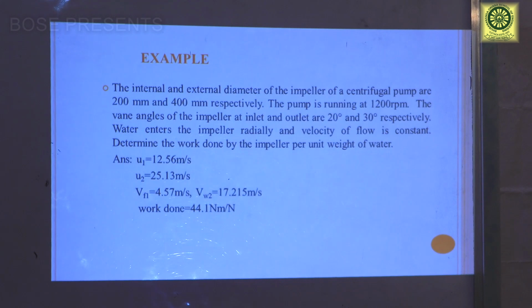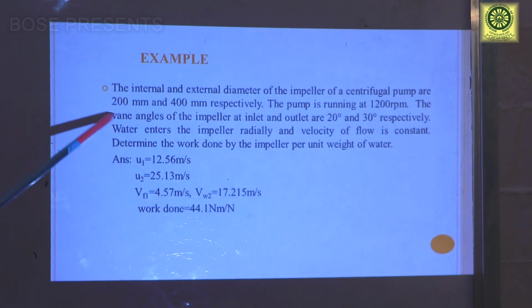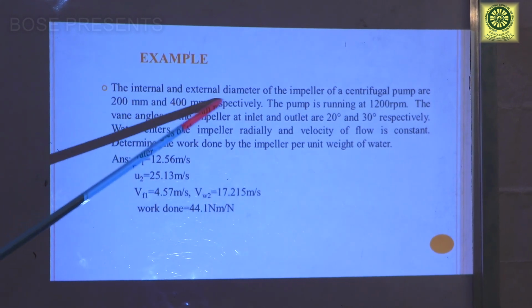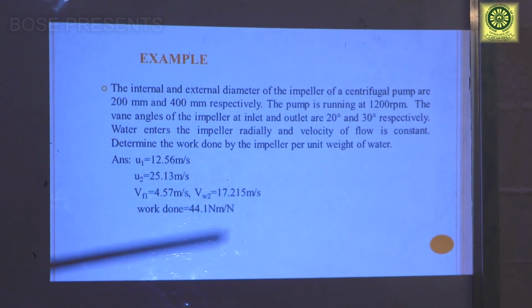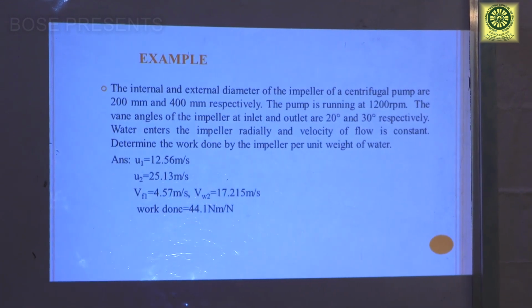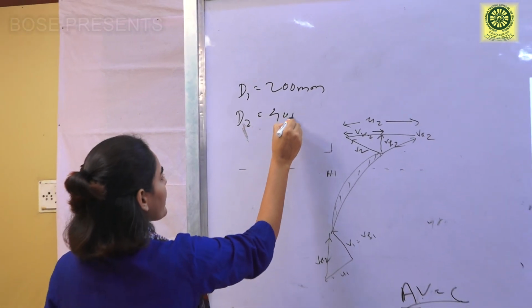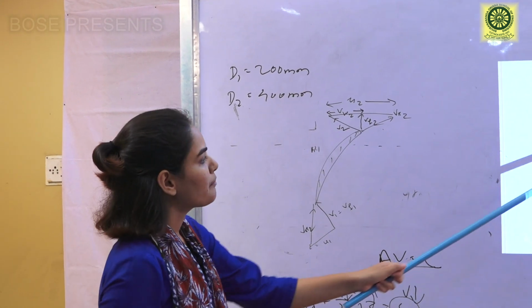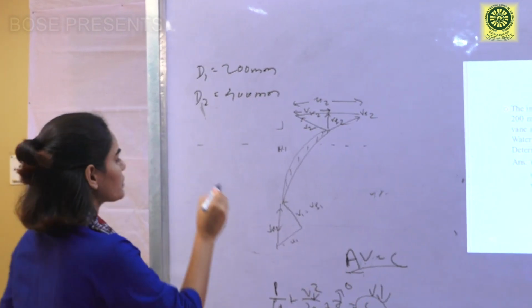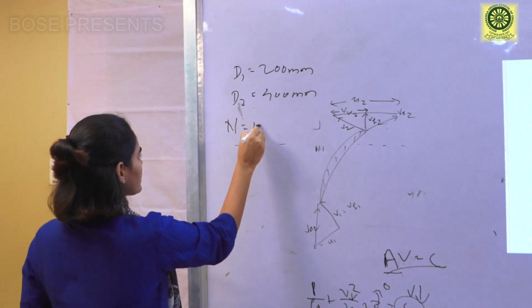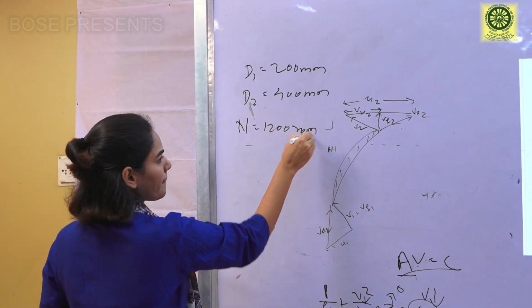Now, if you see the example, it says the internal and external diameters of the centrifugal pump are 200 and 400 mm. That is, d1 is given as 200 mm and d2 is given as 400 mm. Then the pump is running at 1200 rpm, so N is given as 1200 rpm.